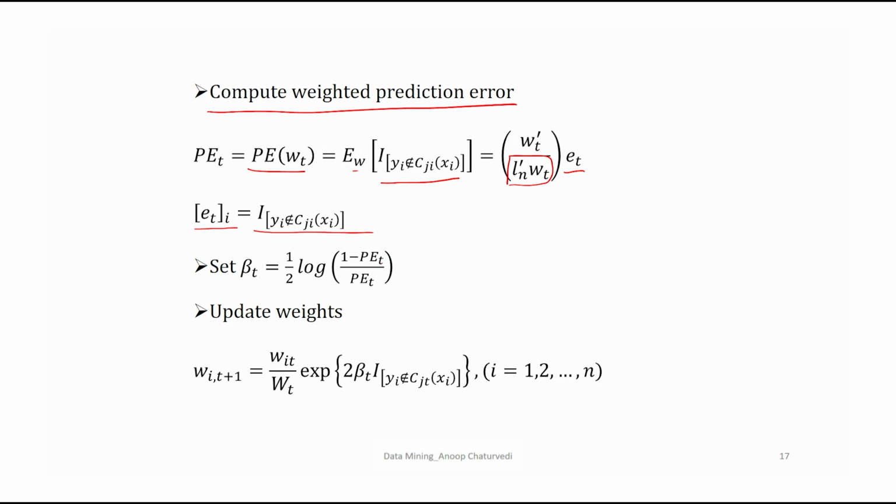And then we update the weights using this rule. W_i(t+1) is equal to W_it upon capital Wt times exponential of twice beta t times the indicator function Yi does not equal C_jt(xi). One thing you must notice is that here W denotes the weight Wt transpose upon 1n transpose Wt.